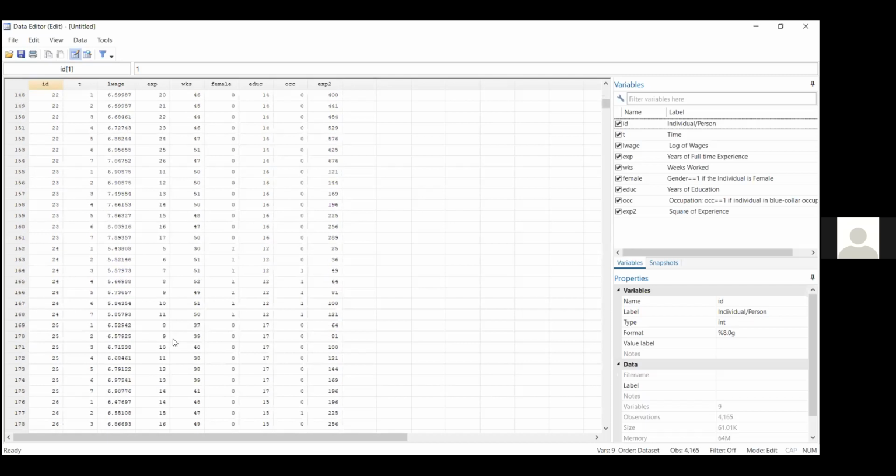That's why it was potentially dropped. So if you remember the assumption on collinearity, the assumption is none of your independent variables must be constant. Constant meaning having a value that is not varying, not changing from person 1 up to the last person. Then you'll run into collinearity issues.